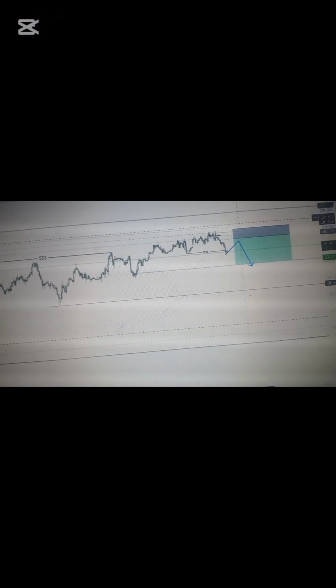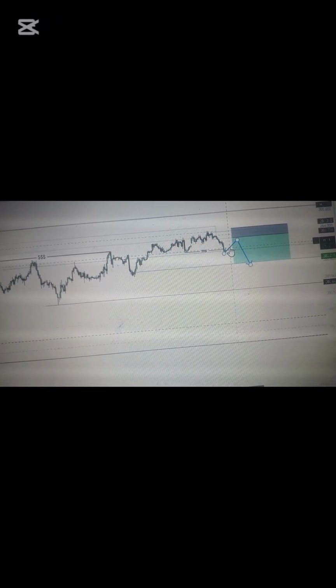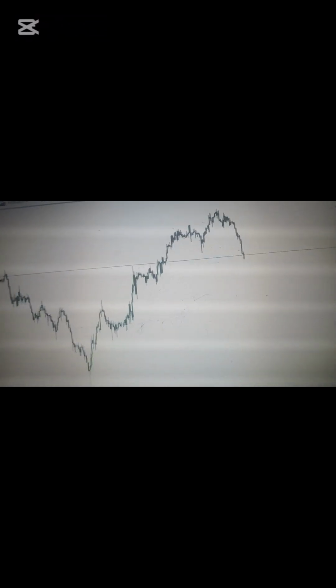These are the two trade ideas that I'm seeing today. Though there are other trade ideas, they don't align with my trade setup. You understand? Trade plan.